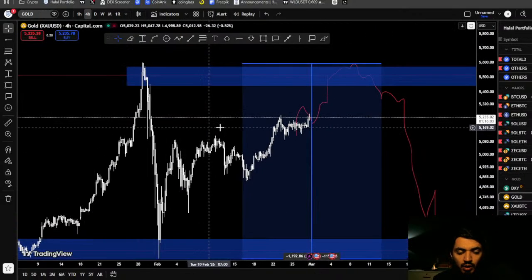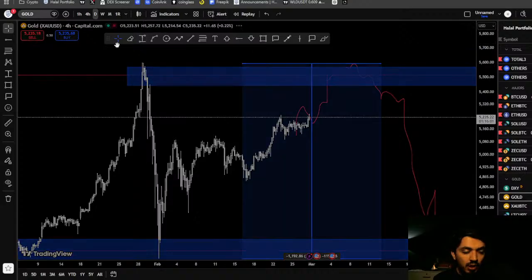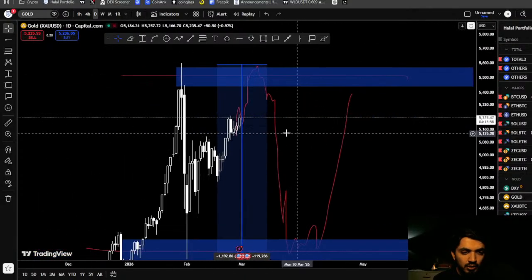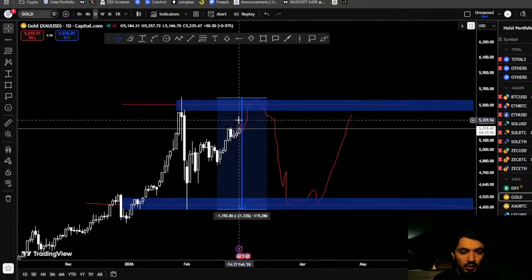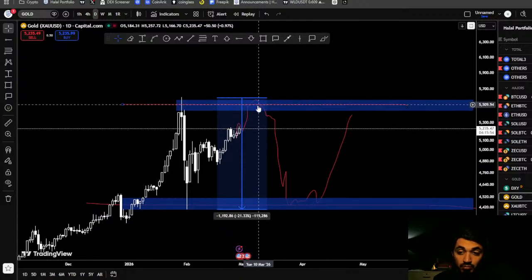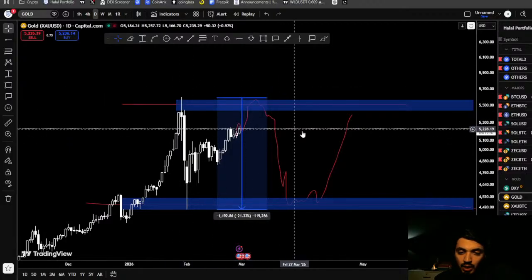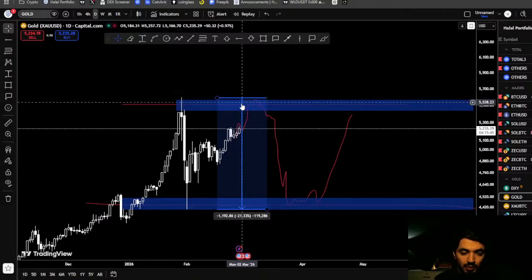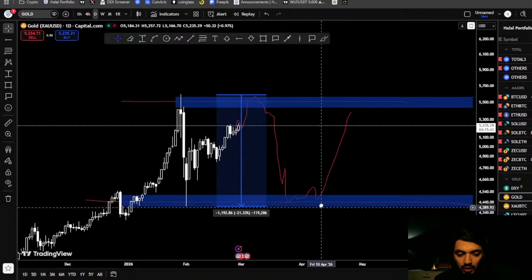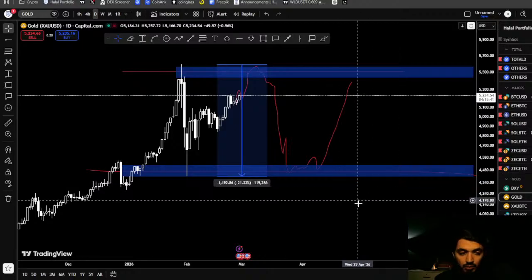Gold. Gold, as per last time that we did analysis, I said that it might just go up and make a double top here. It could be higher than the previous high as well to blow off top and make an all-time high, then fall down. That's quite a possibility.